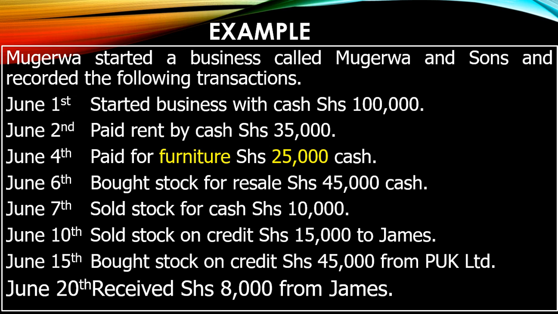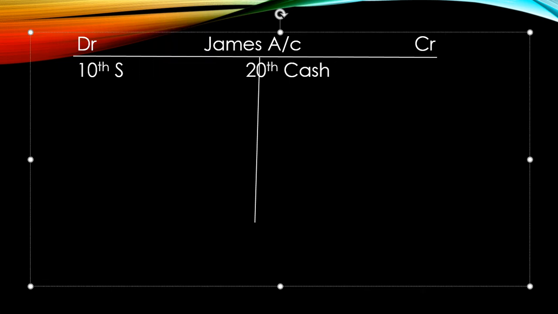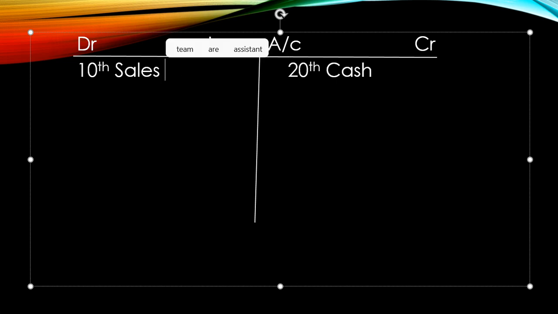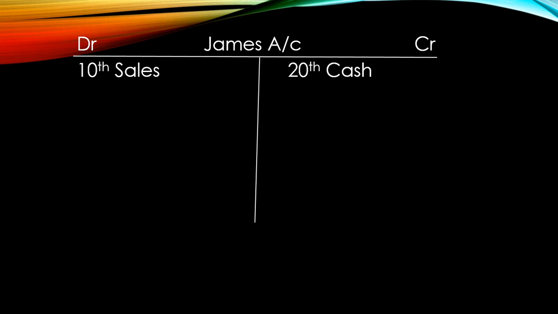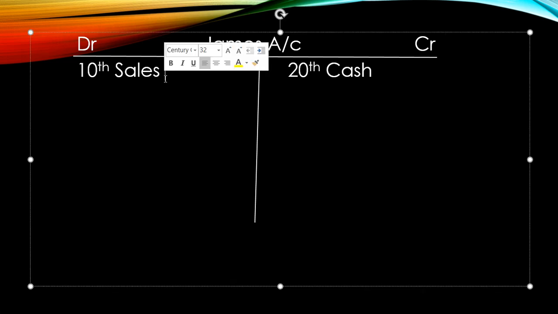Now James must be debited by sales on credit. So let's go back to the question and see 15,000. 15,000 James. Here, 15,000.